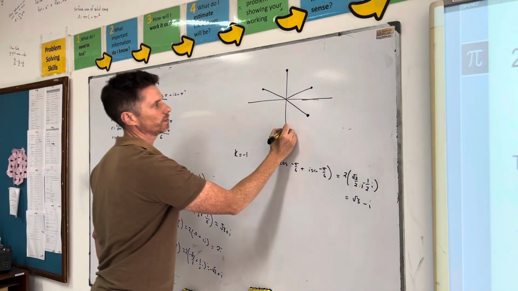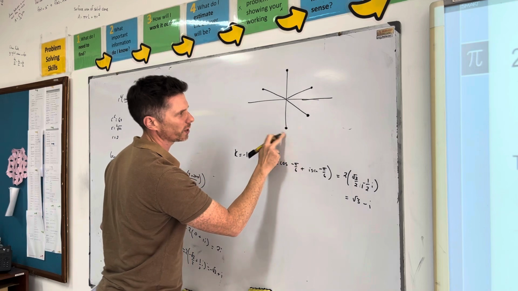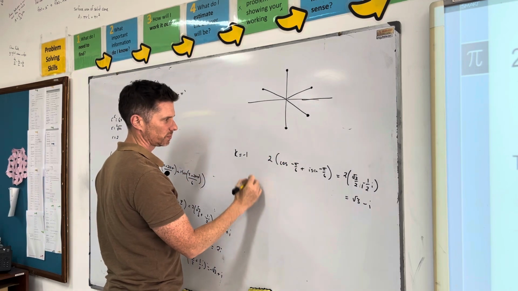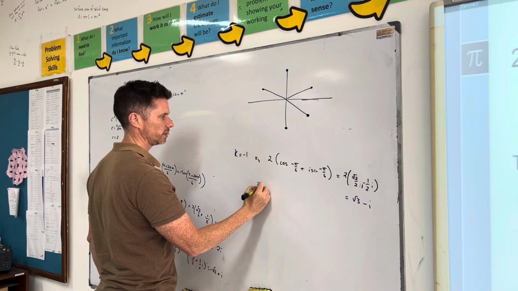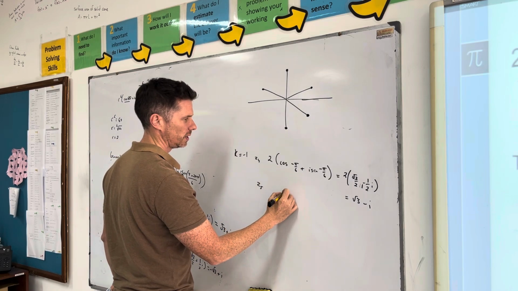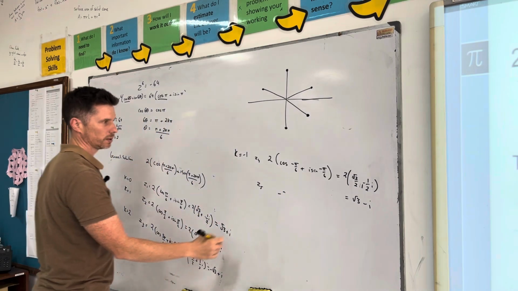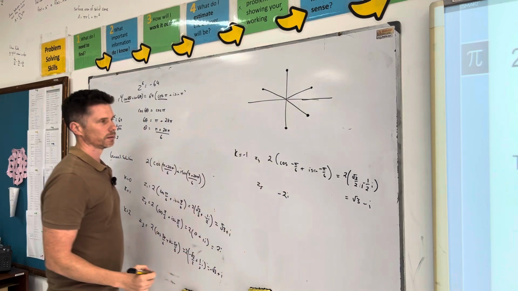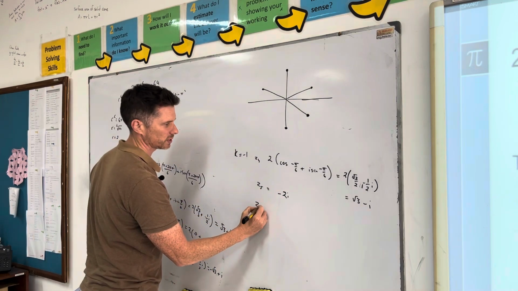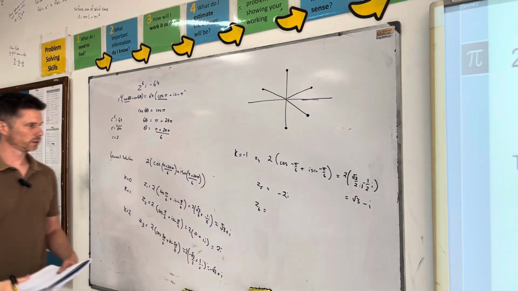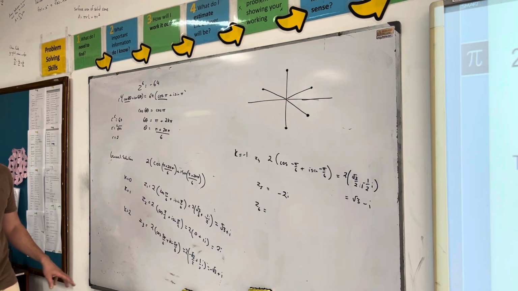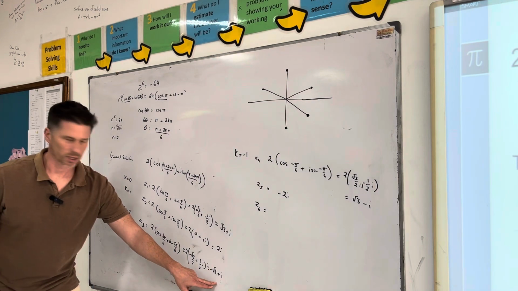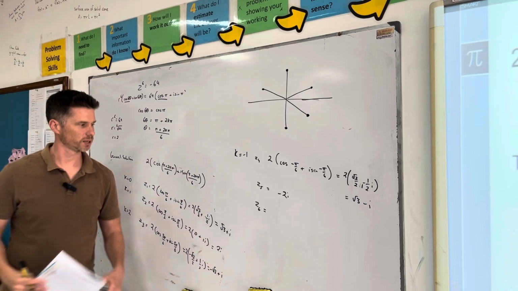The other one's going to be this one, which is what? So this is root 4. This is the fifth root, negative 2 or 2i. We don't even need to do it. And the sixth root is going to be the reflection of, which one's not reflected? This one, negative root 3 negative i.